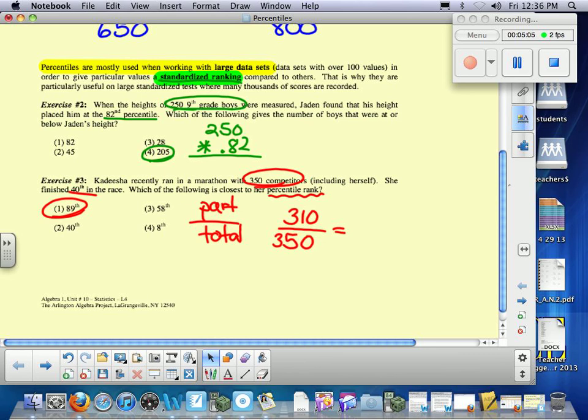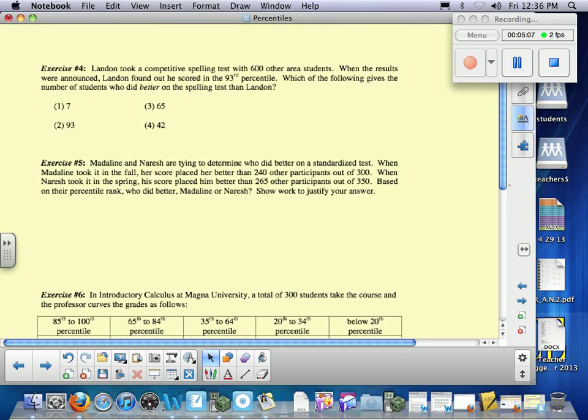Landon took a competitive spelling test with 600 other students. Landon found out that he was in the 93rd percentile. But the question asks, how many students did better on the test? 93rd percentile says what?